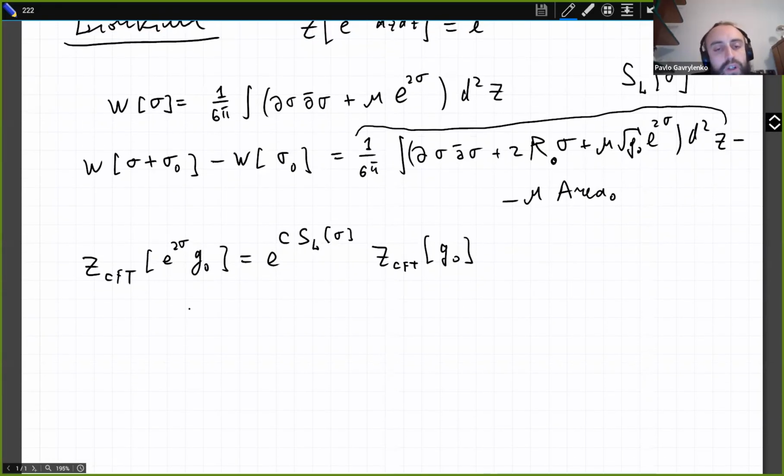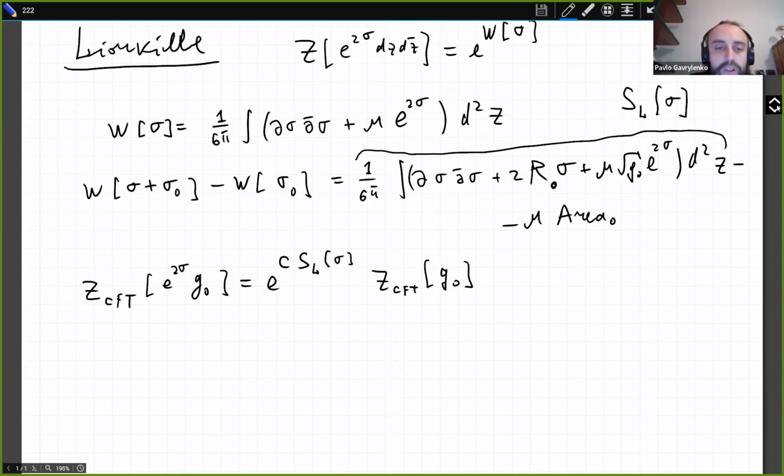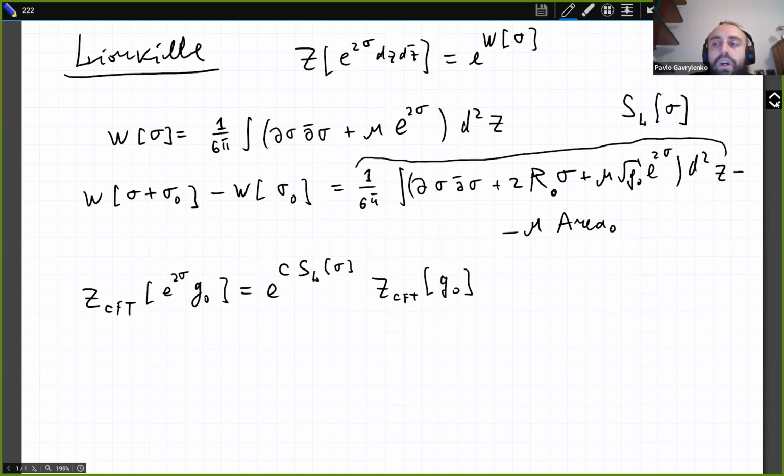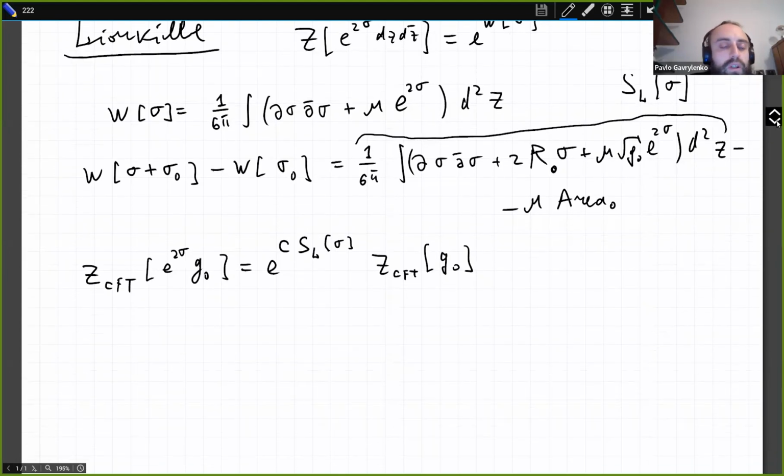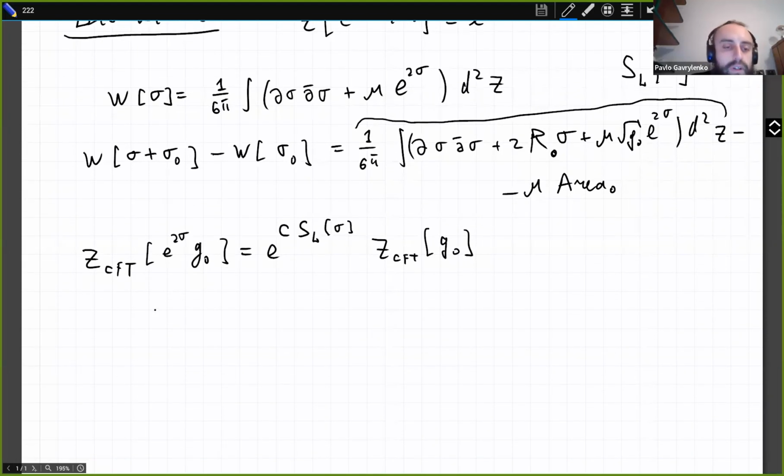And looking at this formula, we can ask what is the central charge of the Liouville theory itself.